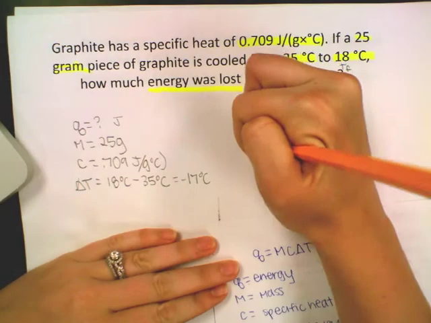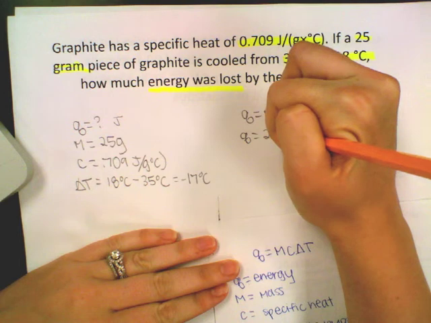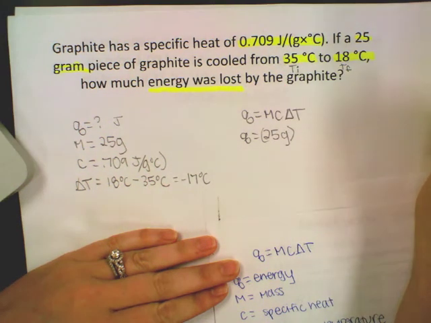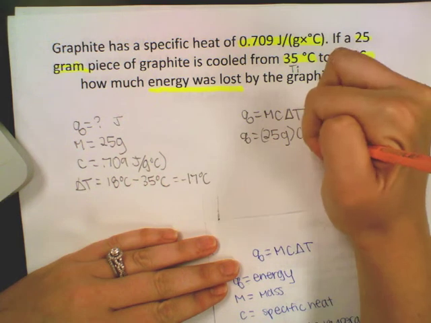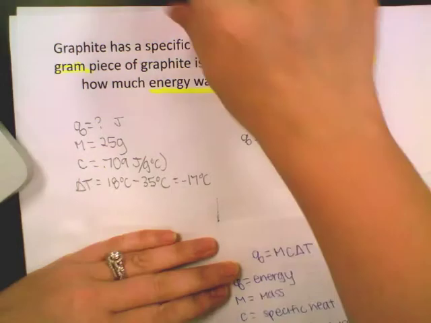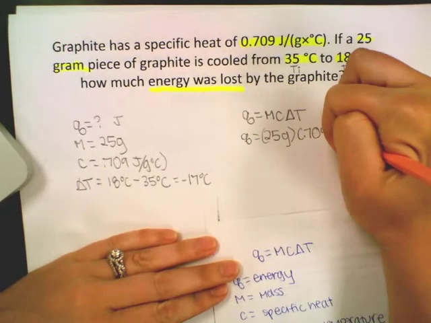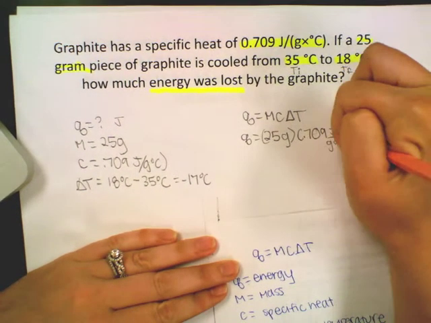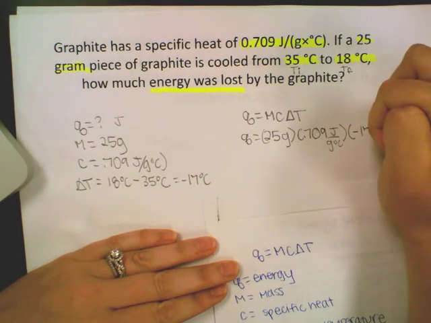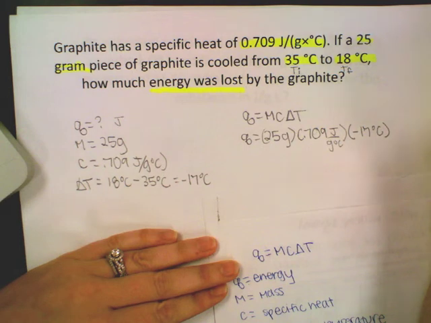All right, so Q equals, I'm going to go ahead and plug these in with the units because it's going to be a little bit easier to see how they cancel out. Right, and then our change in temperature is negative 17 degrees Celsius.